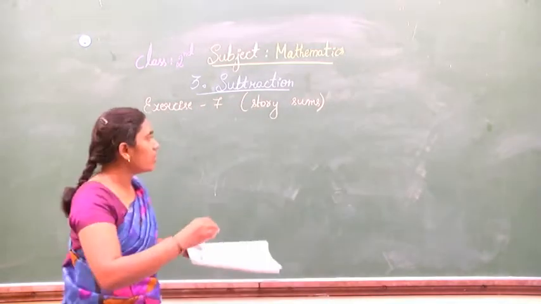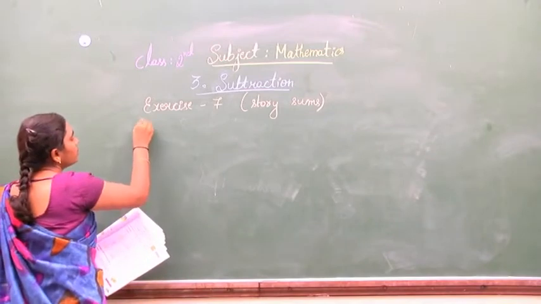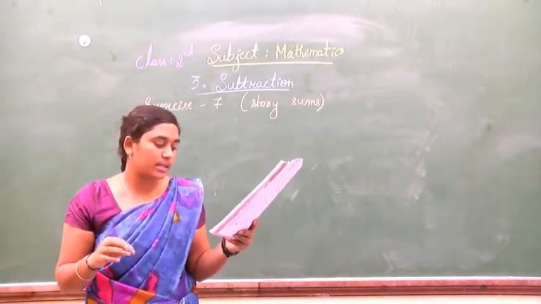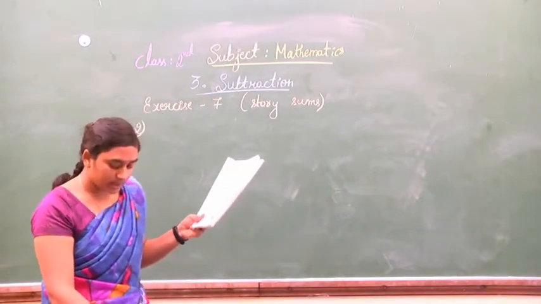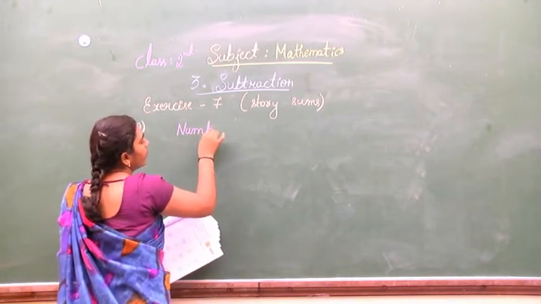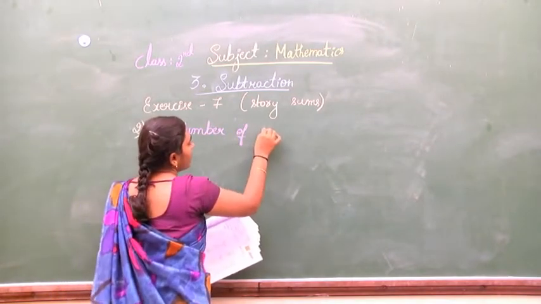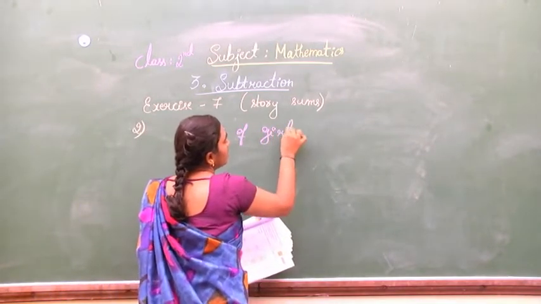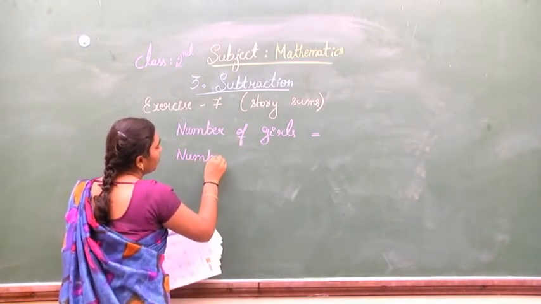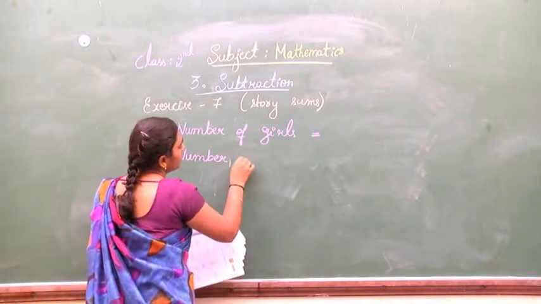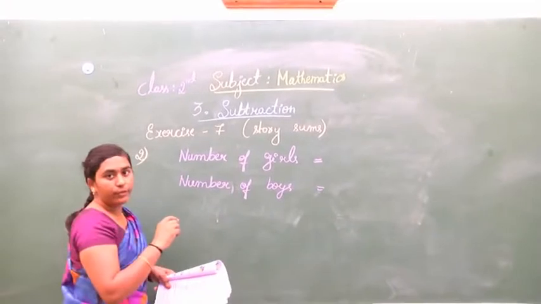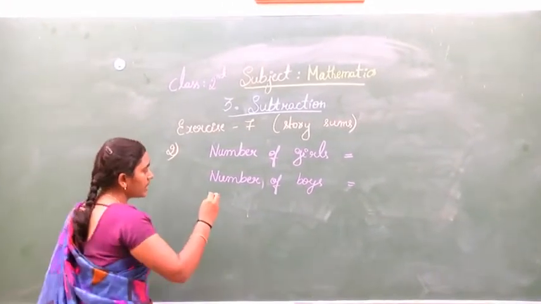So in class 2, 46 girls and 38 boys. Let's write number of girls and number of boys, and what you need to find, how many more girls are there.